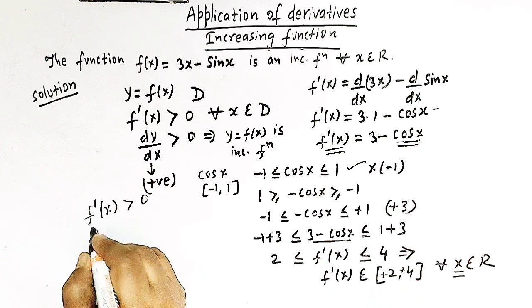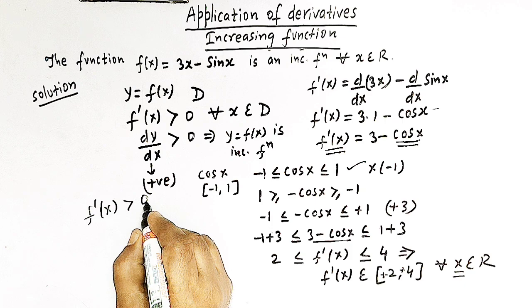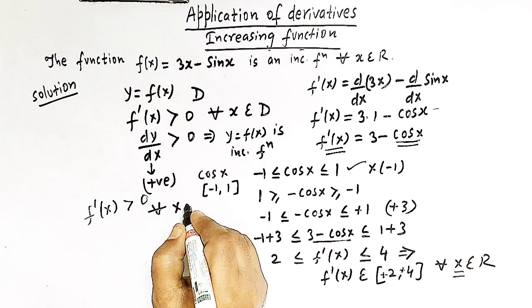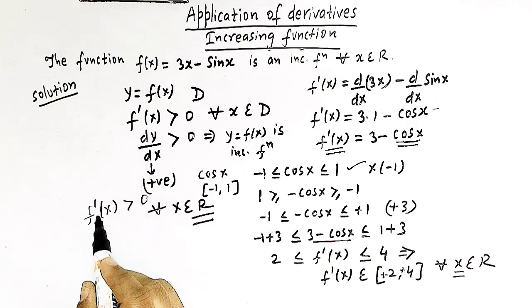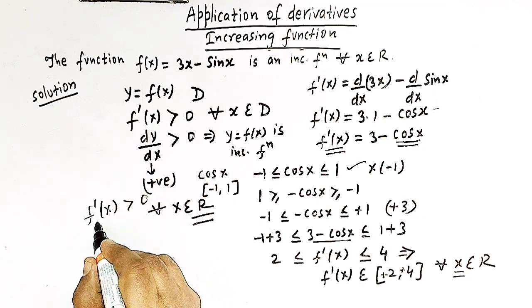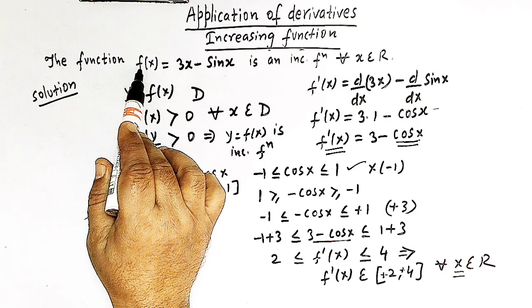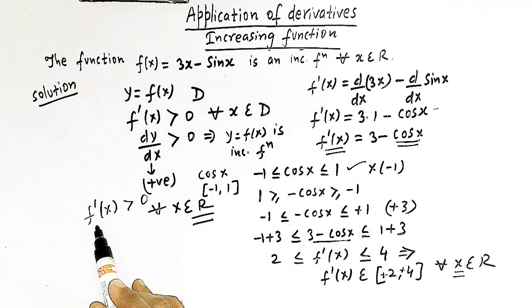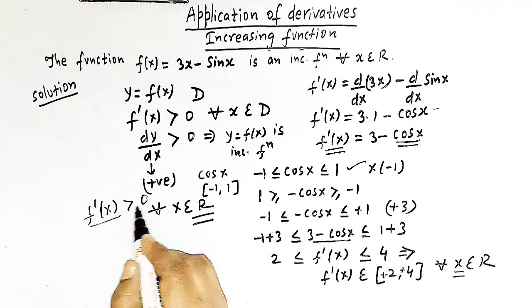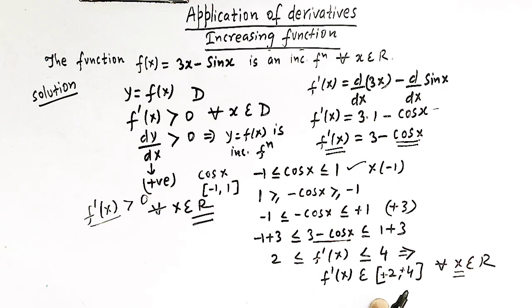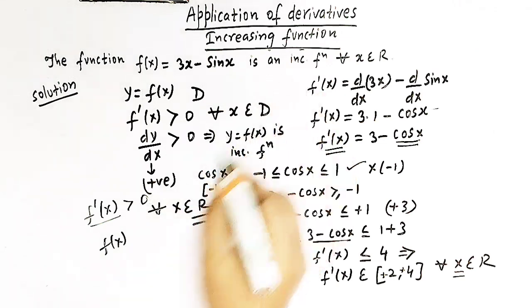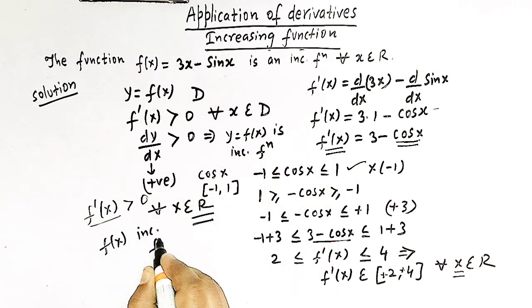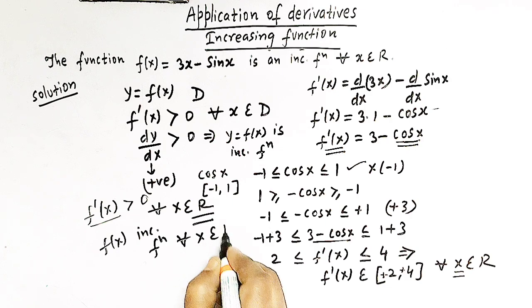So f prime of x is always a positive quantity for all x belonging to R. And from this definition now we can easily claim that the function f of x is an increasing function, because the derivative is always a positive quantity as f prime of x belongs to this interval. So f of x is an increasing function for all x belonging to R.